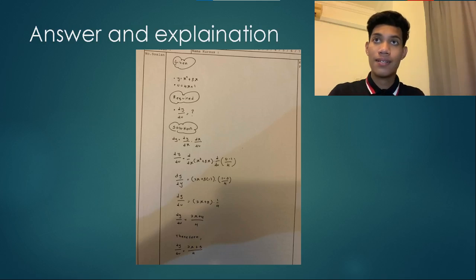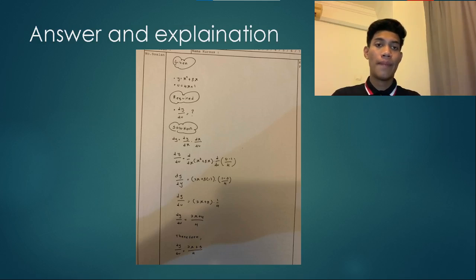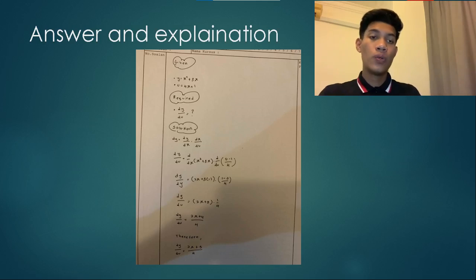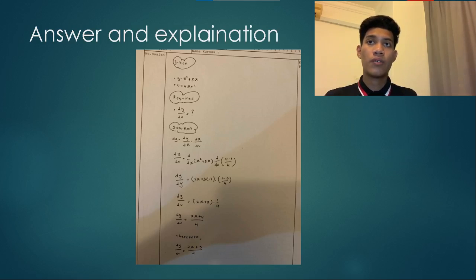Okay, so for the answer and explanation, given y = x^2 + 3x, u = 4x + 1, required dy/du = ? So the solution for this question is dy/du = dy/dx · dx/du.